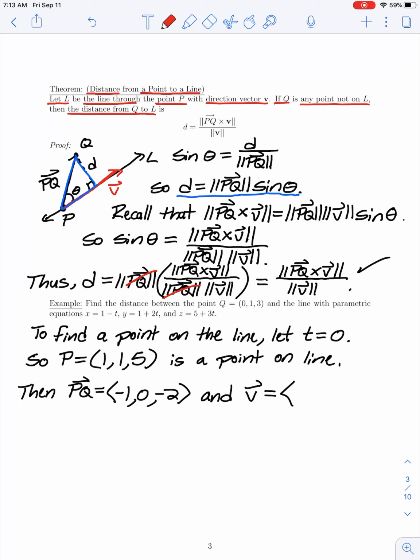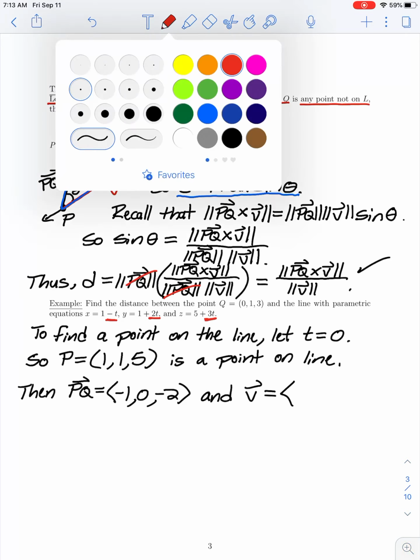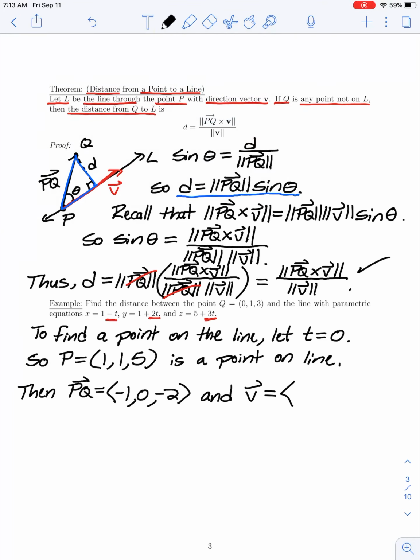We had x is x naught plus a times t, y is y naught plus b times t, and z is z naught plus c times t. So the coefficients in front of t for our parametric equations are going to be the components of our direction vector. In this case, -1, 2, and 3.